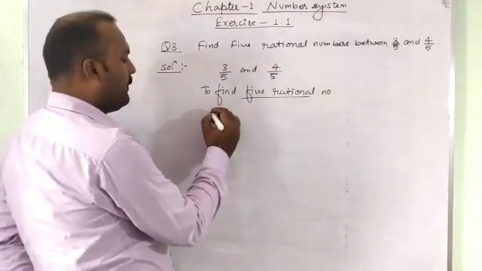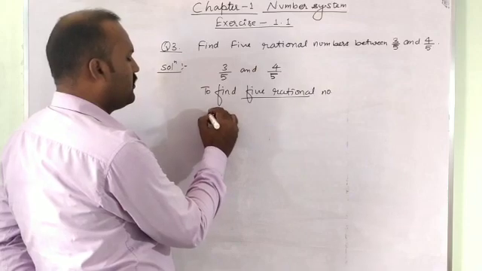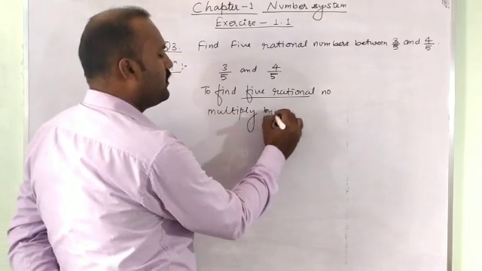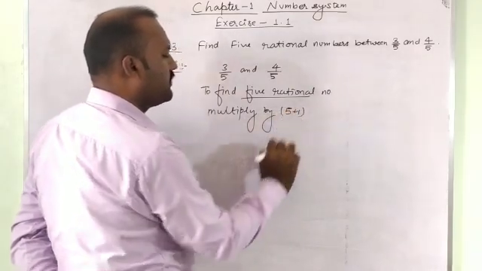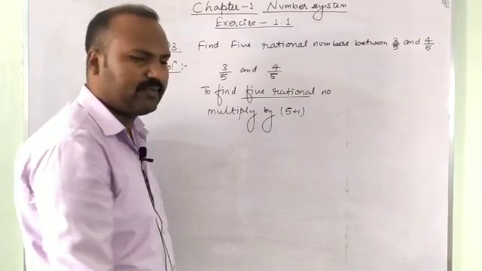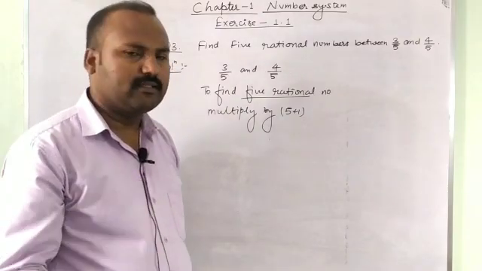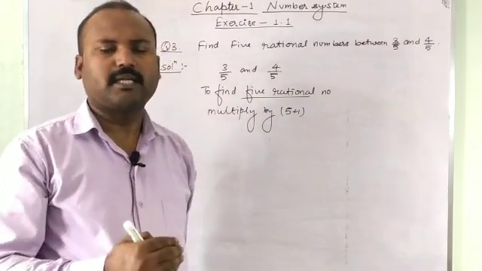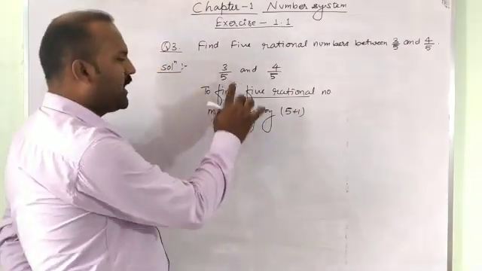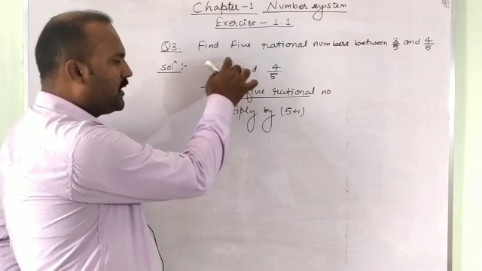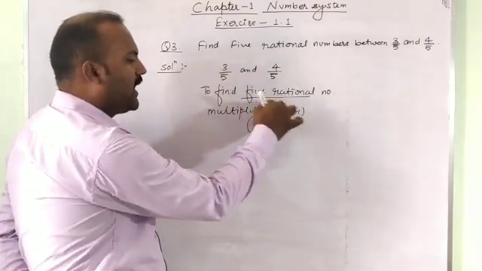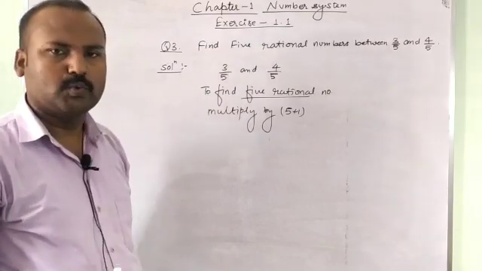We multiply by 5 plus 1. If we have to find 6 numbers, then we multiply by 6 plus 1. It means we multiply the numerator and denominator by 1 more than the number of rational numbers we have to insert between 2 rational numbers.